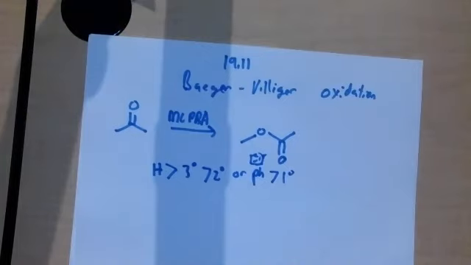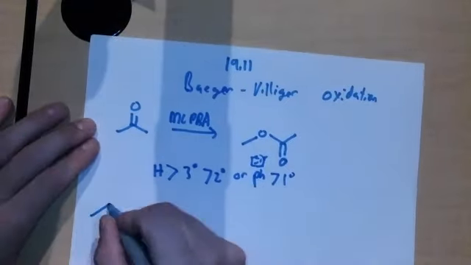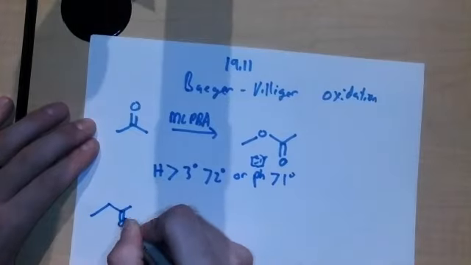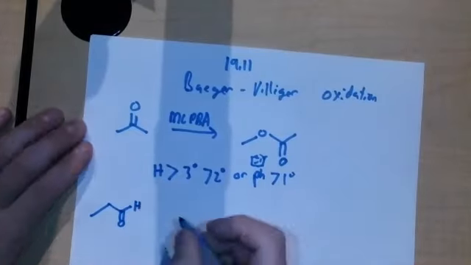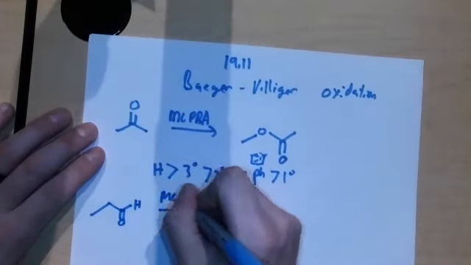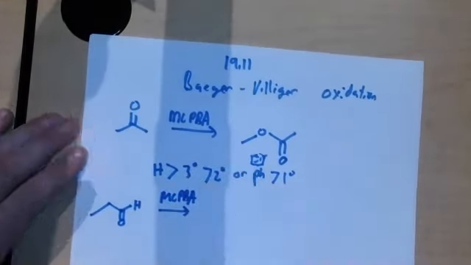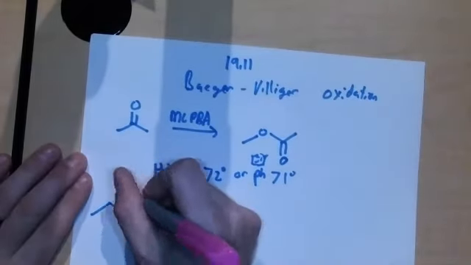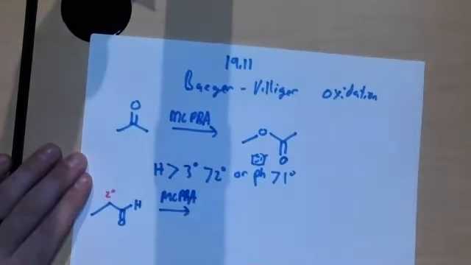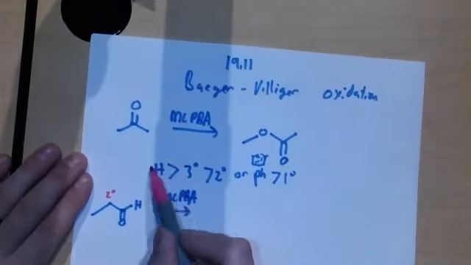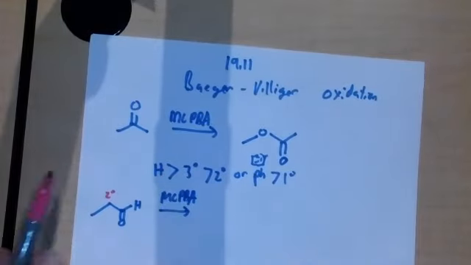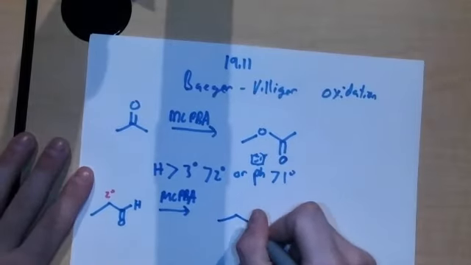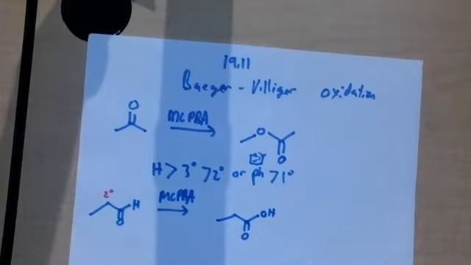So let's do a few of these. If I have this here, I've got an H versus a secondary center. So looking at my little chart here, H is the higher priority, which means that's the side that's going to get the oxygen to it. So this is going to give us a carboxylic acid.